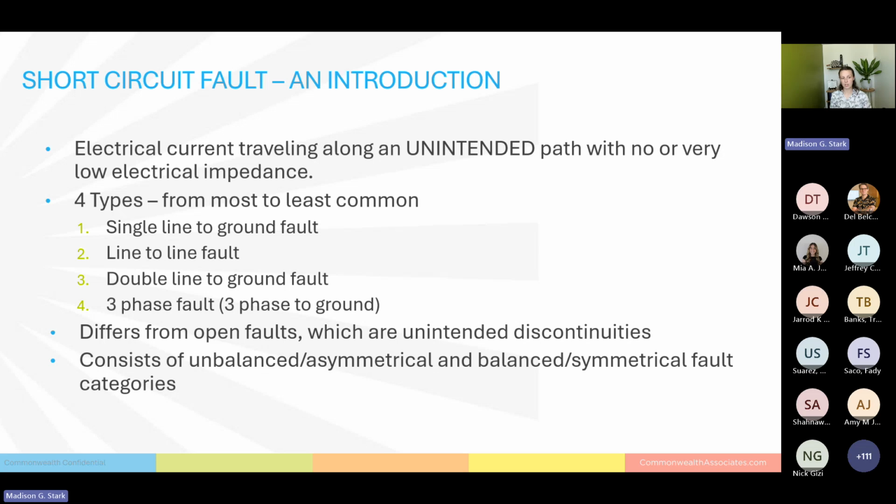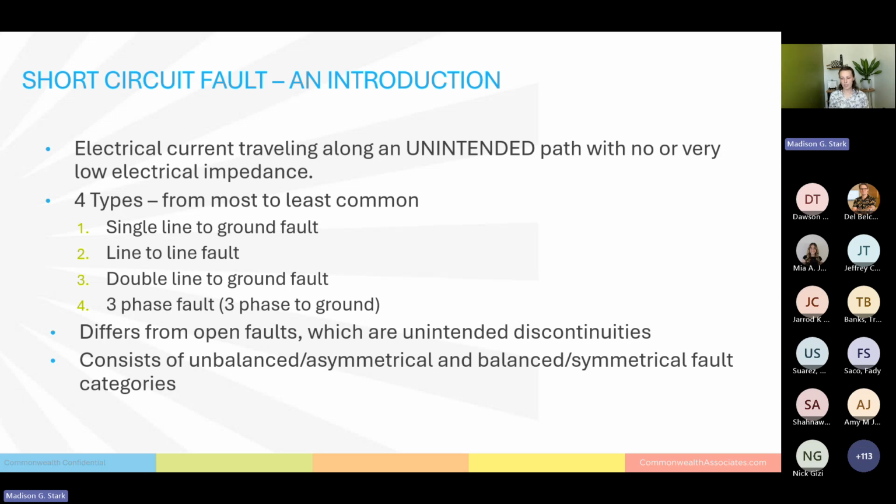In short circuits, you have asymmetrical and symmetrical faults, or unbalanced and balanced faults. A balanced or symmetrical fault is when the fault current is the same across all phases of your system. An unbalanced or asymmetrical fault is when you have phases that have higher fault currents than other phases.